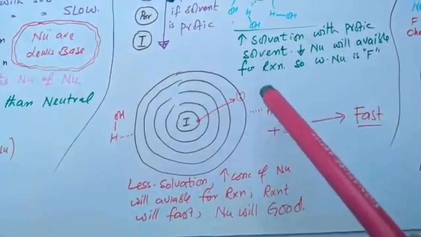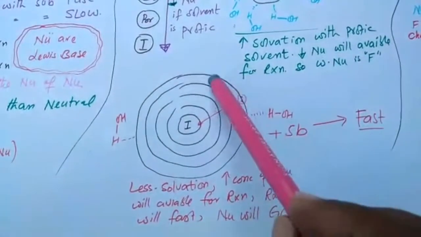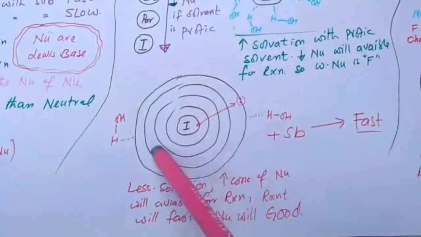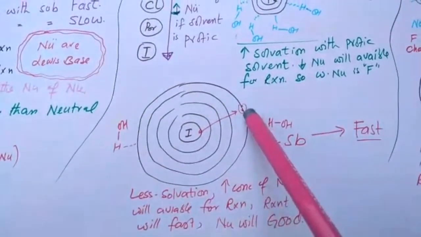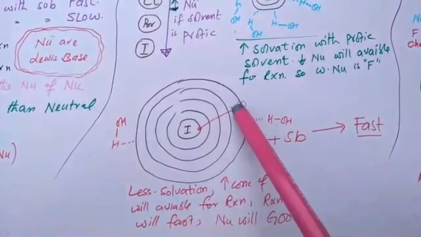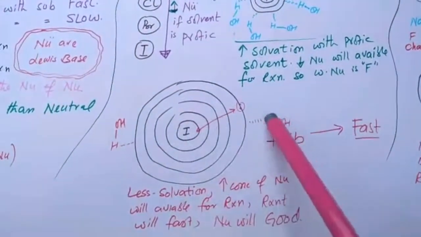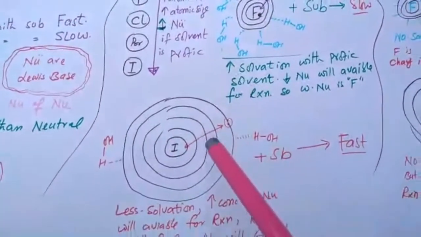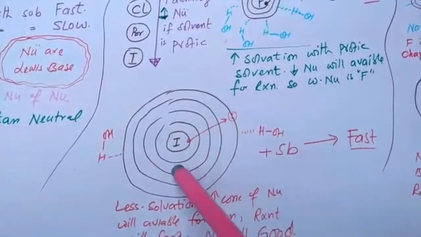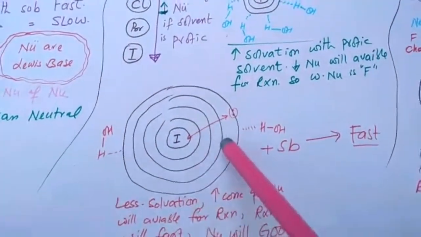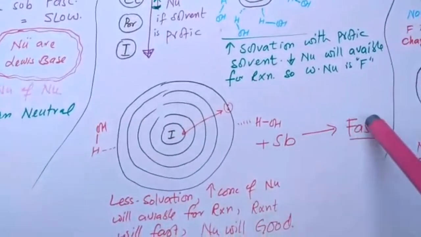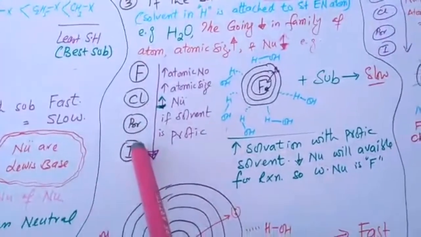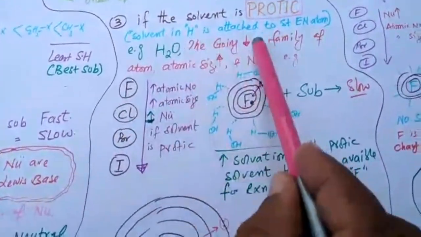In the case of iodine, the protic solvent will not solvate this bigger size as much, because the outermost electrons are not localized. So the solvation will be slow. When the solvation is not so much, unlike fluorine, it means that iodine is much more available for the reaction with the substrate, and the rate of reaction will be fast. So in this case iodine is a good nucleophile. This is a good nucleophile and this is a bad nucleophile if the solvent is protic.